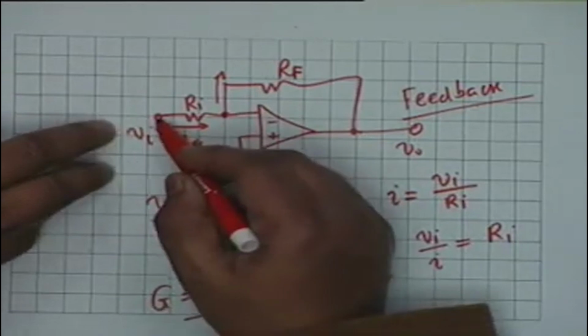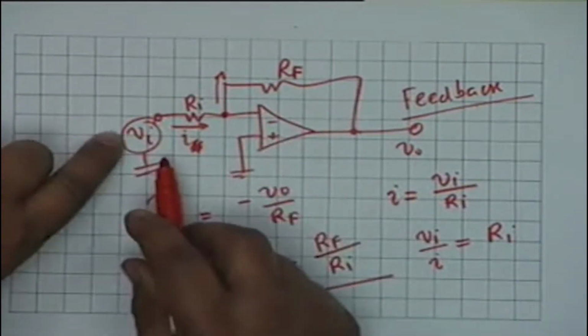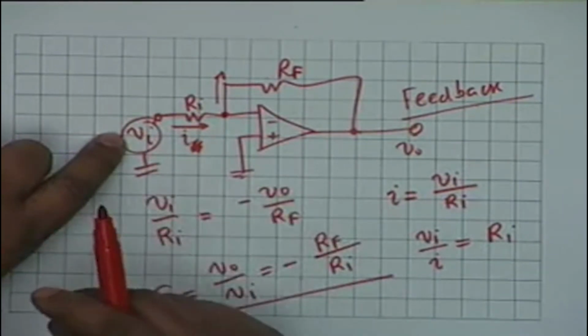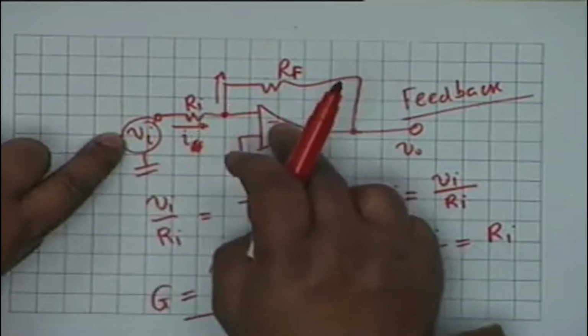That is all. You see, the source is here. So, the input resistance seen by the source is Ri. It is also independent of the op-amp. Okay?